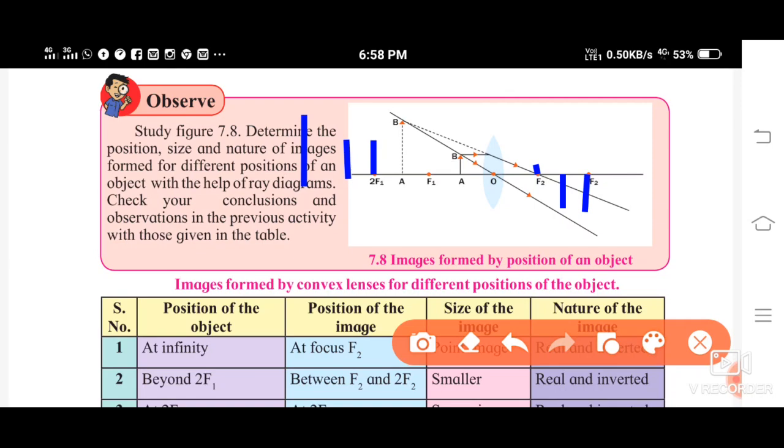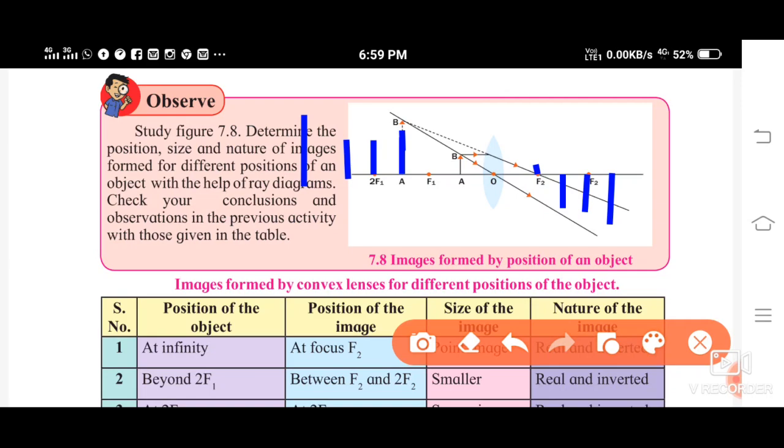2F2. Then the size of the image will be the same size as the object, okay, and it is again a real and inverted image. Now see, when you keep the object between 2F1 and F1, that time the image will be formed beyond 2F2 here, okay.